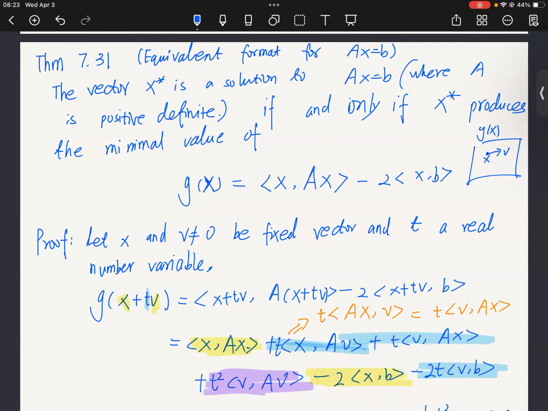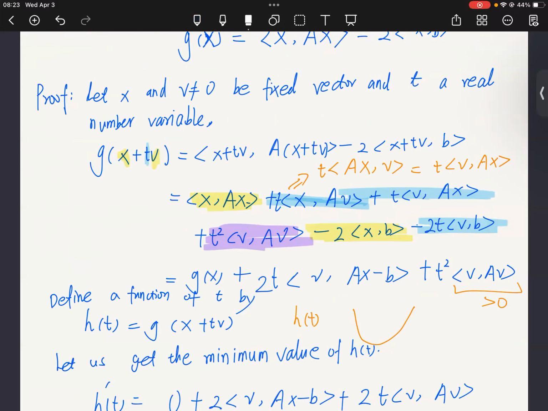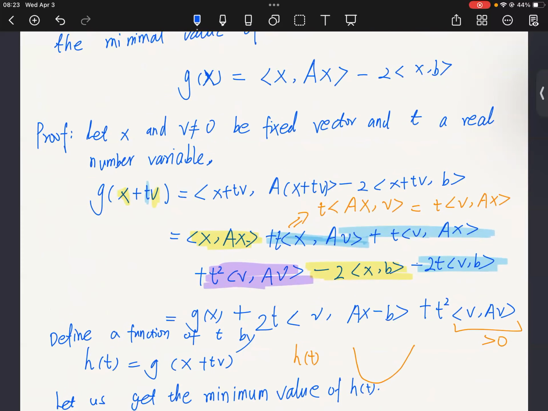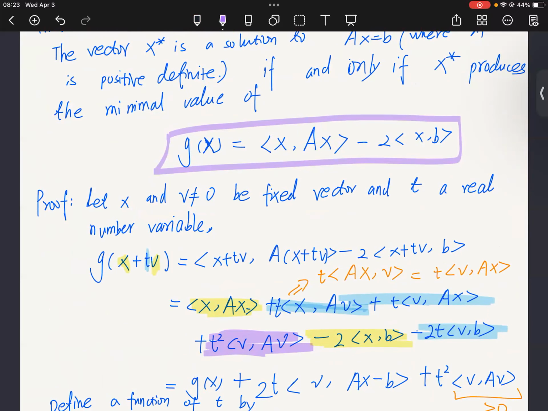So let's say this again. This is the functional we want to get the minimal value of, right? There's a space here, and we have the x and v, and all the vectors here. If you choose a point x, and then you choose a direction v, then on this line or in this direction you would get a minimal value of g(x).